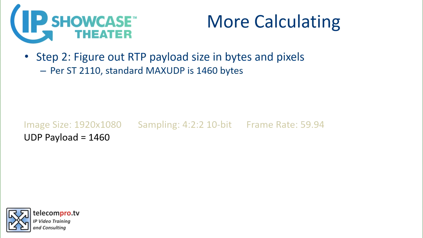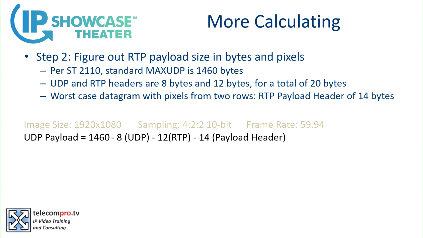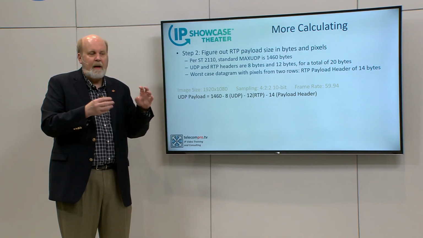So our max UDP payload is 1460. We're going to stick with that. Our UDP and RTP headers, one's 8 bytes long, one's 12 bytes. So we're going to take away 20 bytes there. And then we're going to have that RTP payload header we had. Now, we're going to use a worst case number. We normally say you only have to have 1 set of pixels in a sample row.